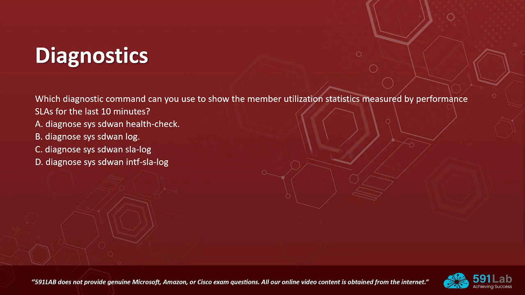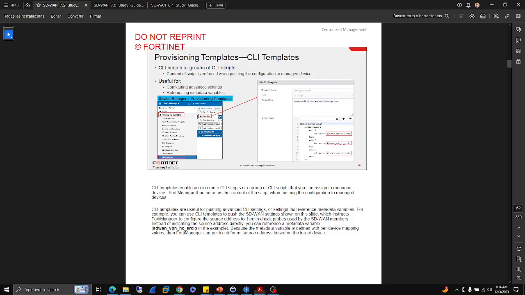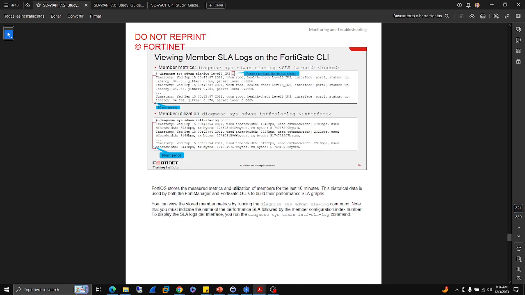So if we take a look at this documentation, this example that is provided by Fortinet, we can see there we have diagnose sys sdwan sla-log, where we don't have those statistics. We have latency, jitter, packet loss, but not the parameters that we are looking for in that question, and it's about a 10 minute period.